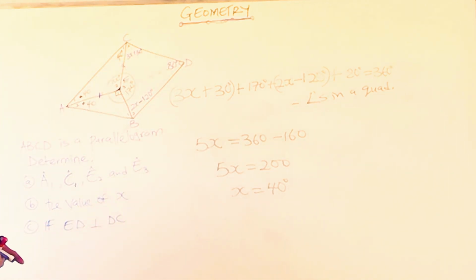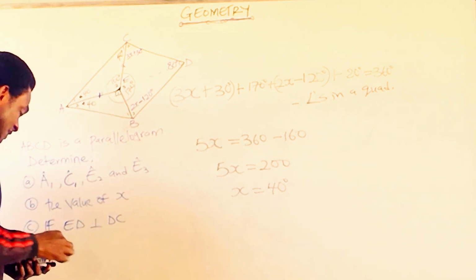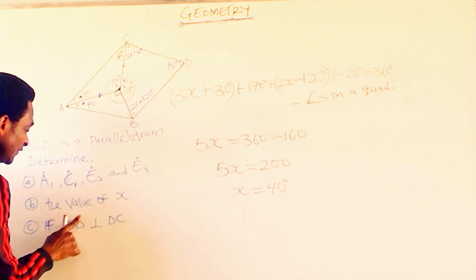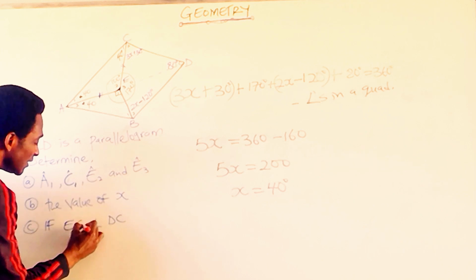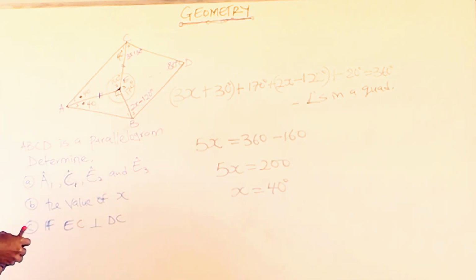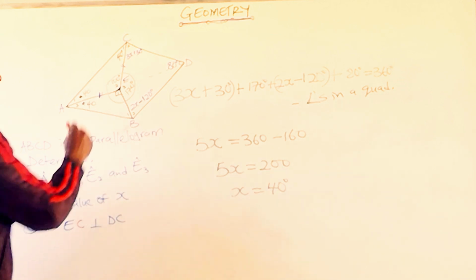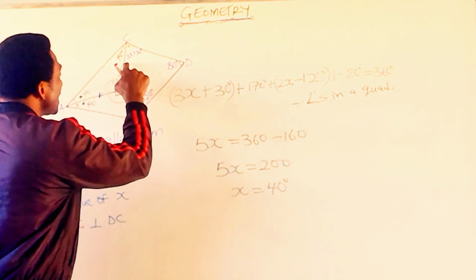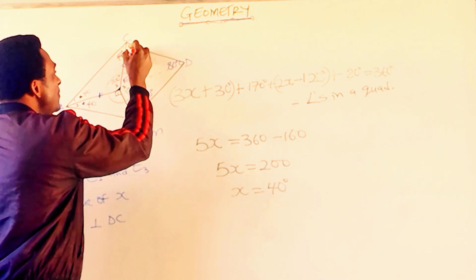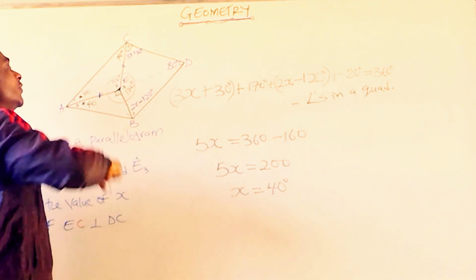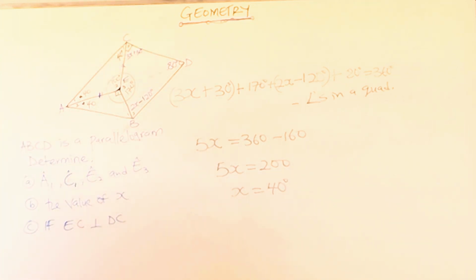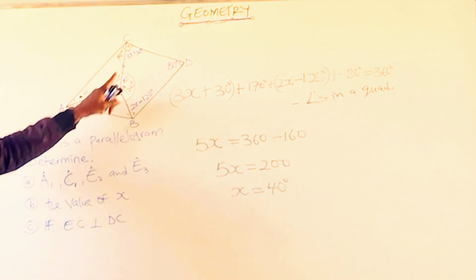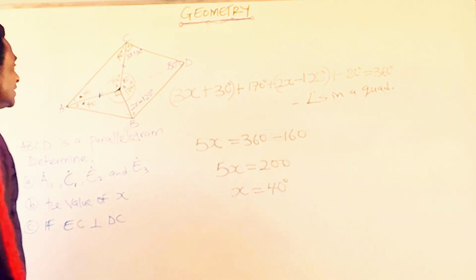If this is EC, if EC is perpendicular to this, so we check using our x. If they are perpendicular, then this angle will be 90 degrees.